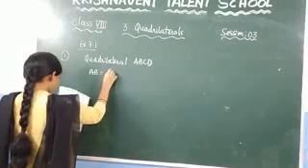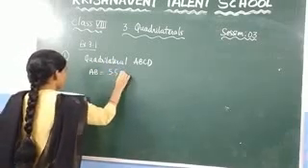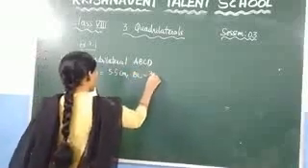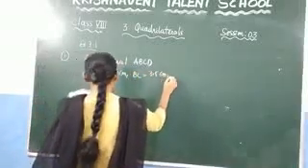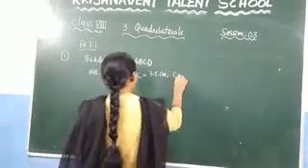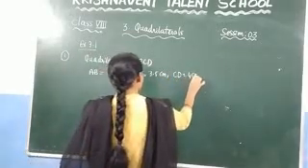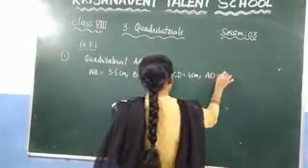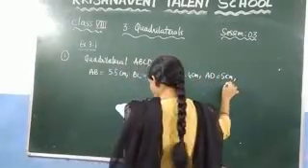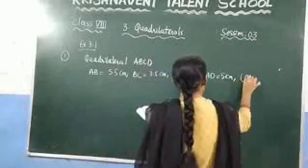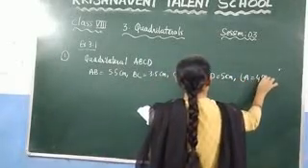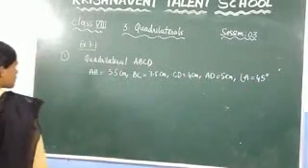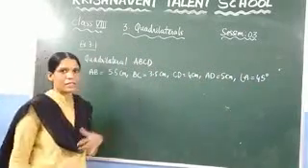AB is given as 5.5 centimeters and BC is 3.5 centimeters, and after that CD is 4 centimeters. Next AD is 5 centimeters and angle A is equal to 45 degrees. These are the measurements given. By using these measurements, you need to construct the quadrilateral ABCD.